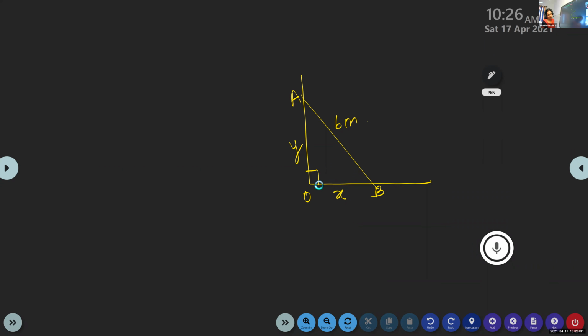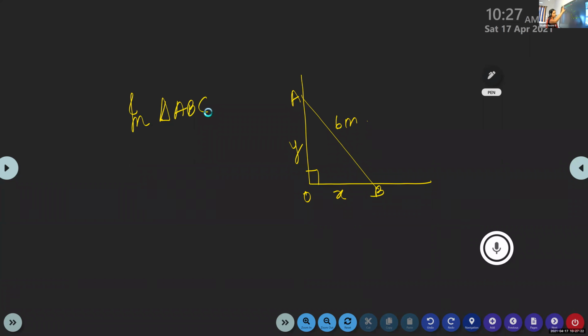Here it is given 0.5 meter per second. So in triangle ABC, what's the relation you will get?